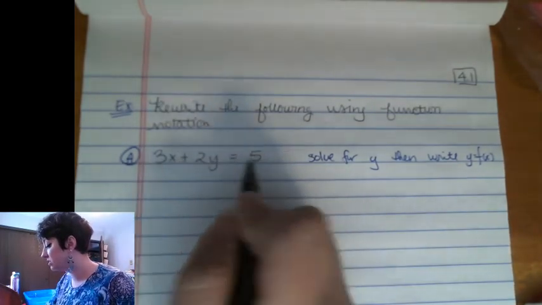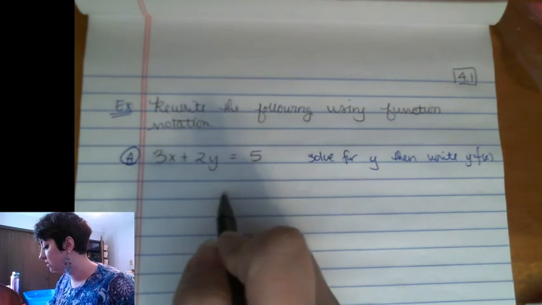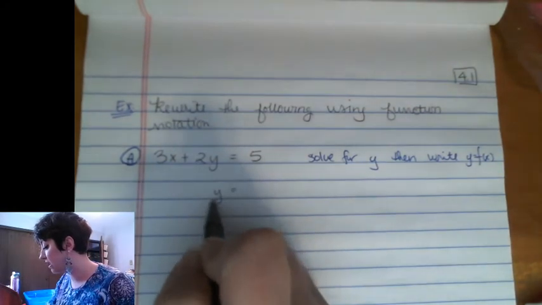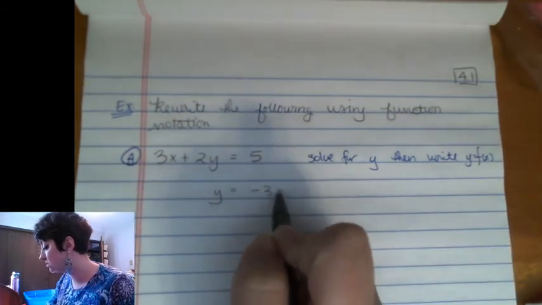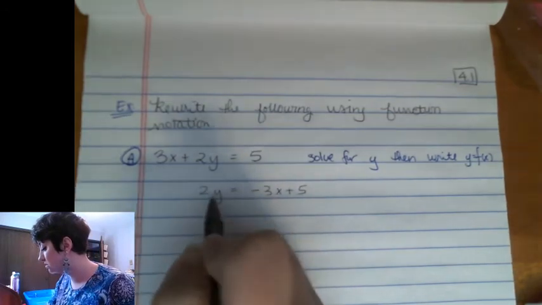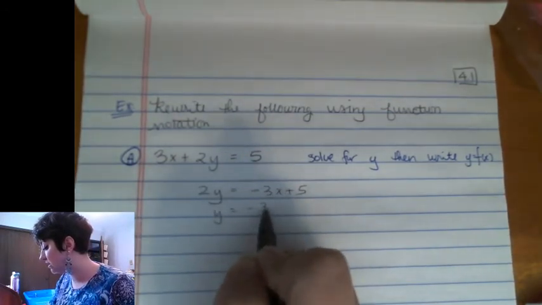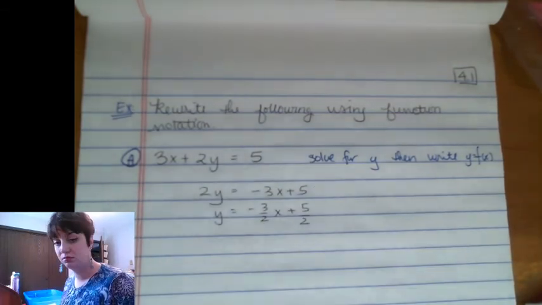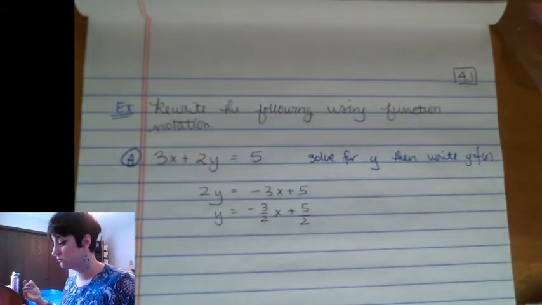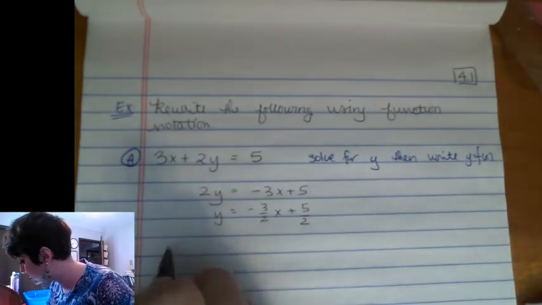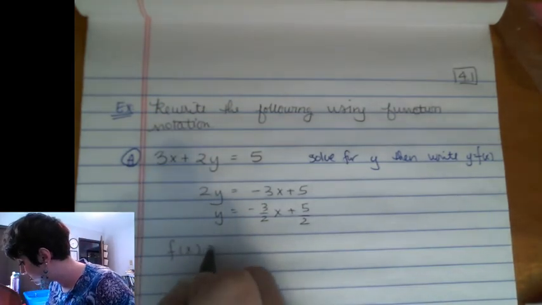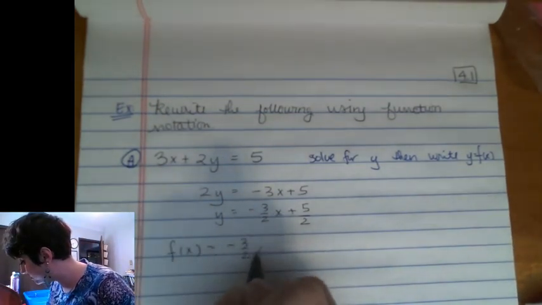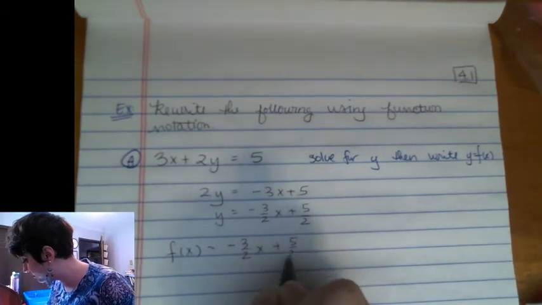So to do this, we have 3x plus 2y equals 5. So we subtract 3x and we divide by 2. Right? All right, so f of x is negative 3/2 x plus 5 over 2.